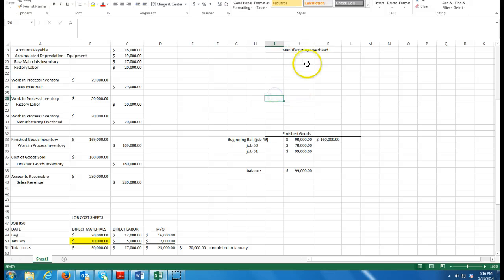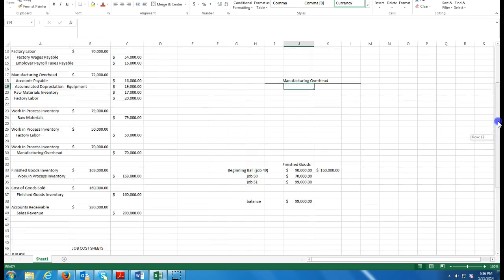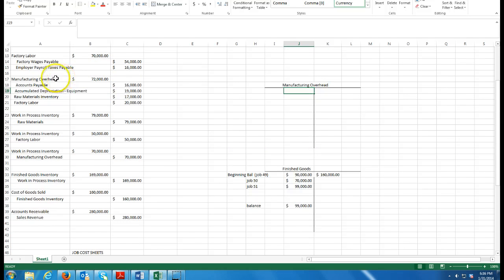So let's think about this. What did we start the period with? We're starting fresh this month. Let's just keep it simple. And we actually showed a journal entry of money going into manufacturing overhead up here of $72,000.